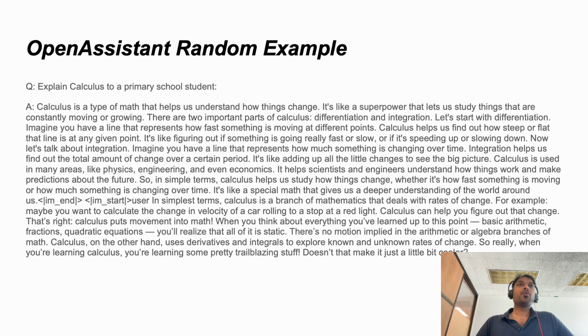There's an example from Open Assistant, and you see the length of the example for a question like explain calculus to a primary school student. That's a pretty long response, right? Writing such long responses can be tedious and super expensive as well. There was a lot of effort in such rewriting into longer or more complex responses.